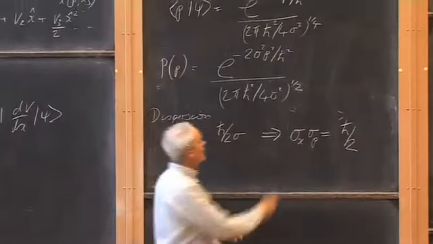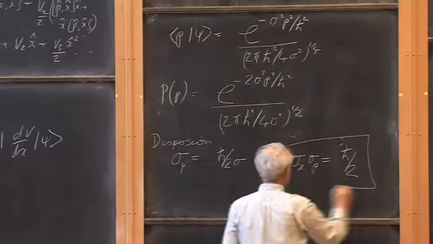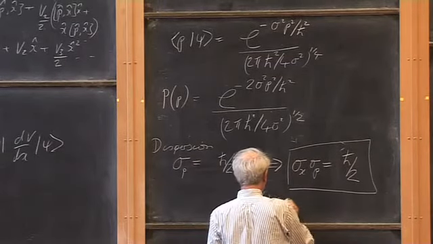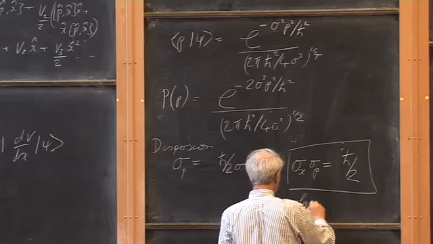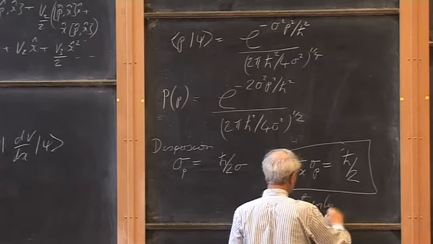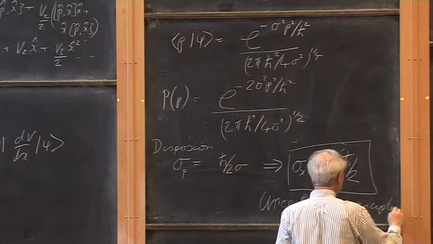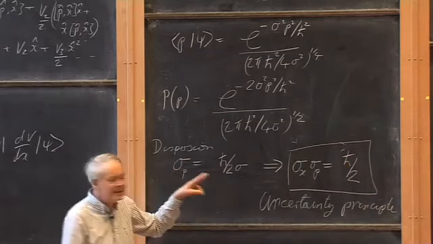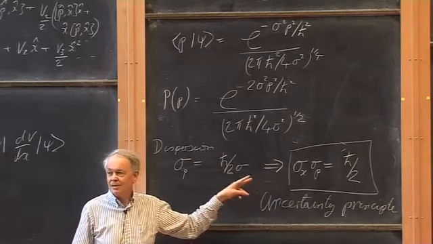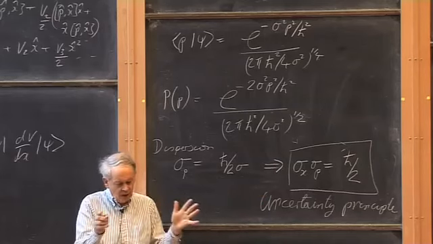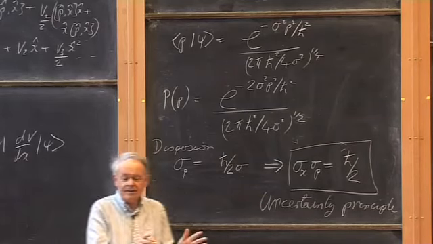So this is the classical statement of the uncertainty principle. In this particular model, this is an exact mathematical statement. It's a statement about the widths of two Gaussians.